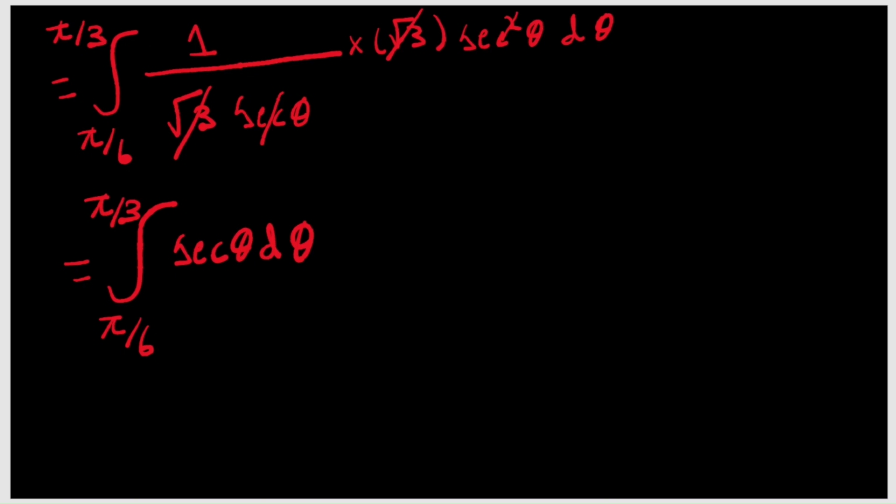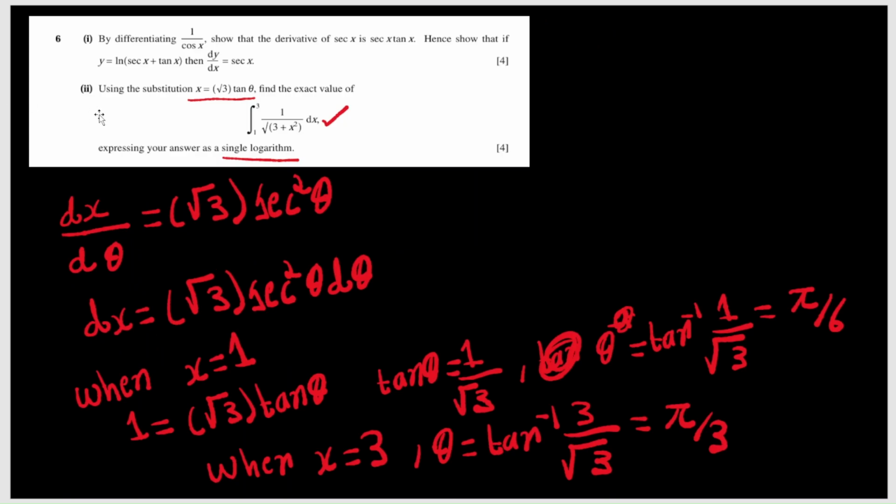Now the main question is, what is the integral of sec theta? Because the sec theta integration isn't part of our syllabus. So you're going to go back to the question, and you're going to see that the derivative of ln sec x plus tan x is sec x. We know that integration is a reverse process of differentiation.